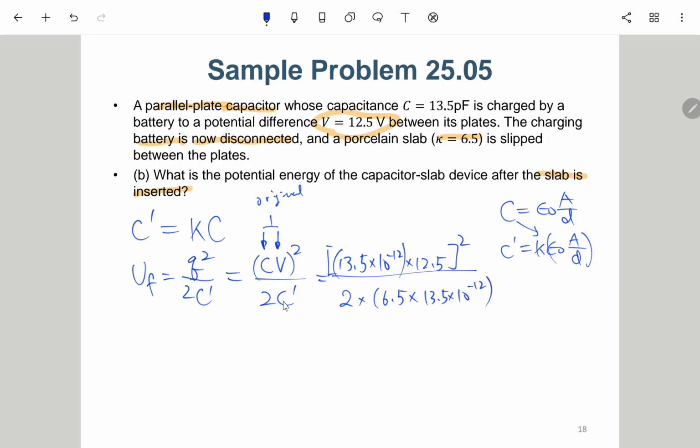Okay, so this one should be the final capacitance, but this one should be the original capacitance and the original potential difference. Okay, so this will be 1.62 times 10 to negative 10 joule.